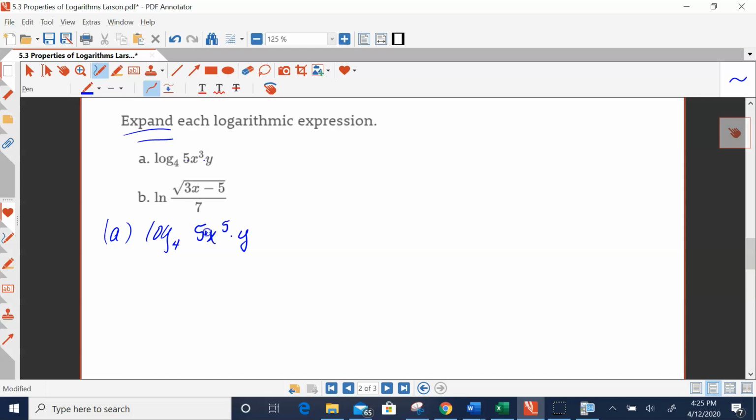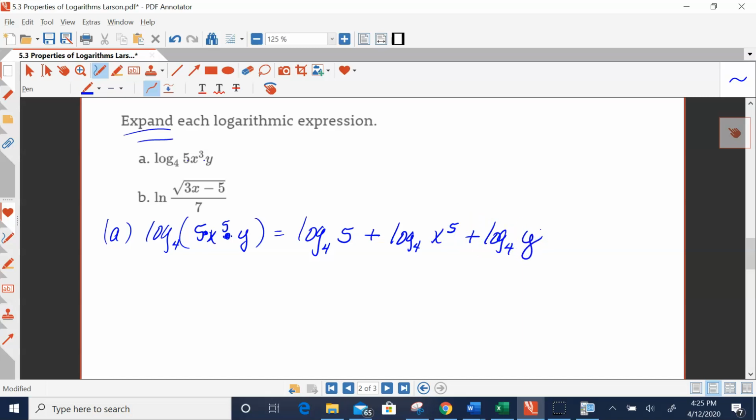And from my properties above, I saw that if I have a log of quantities that are multiplied, I could split those up with addition. So this would become log base 4 of 5 plus log base 4 of x to the 5th plus log base 4 of y.